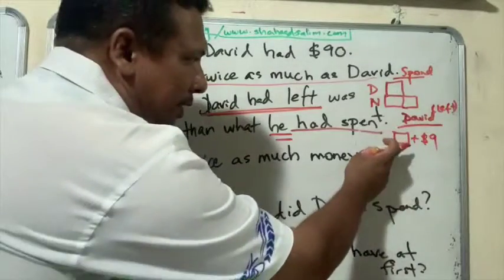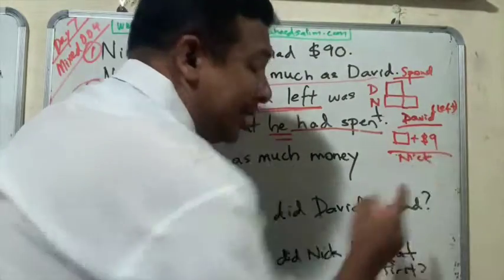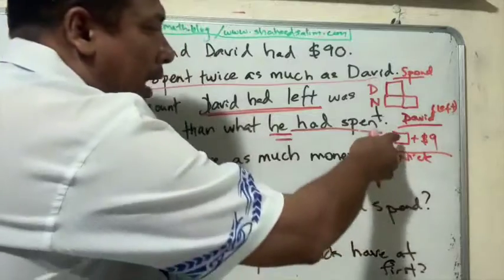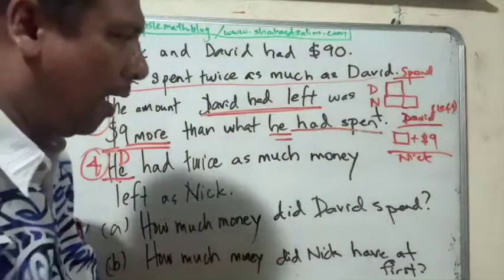So this is David's money. Nick's money that's left, Nick's money that's left is half of this. Now, what am I talking about half and twice?